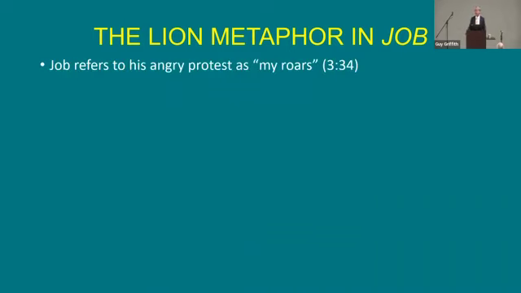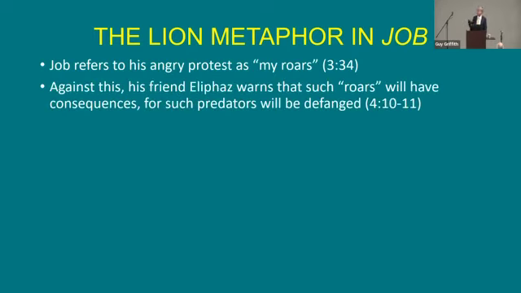Job refers to his angry protests. So you have Job patient for all of 2 chapters. Okay. By the 3rd chapter, Job is furious. He yells at God, he protests against creation, and he calls his protest my roars. Like he's angry as a lion. To this, Eliphaz, his friend, in the next speech responds, such roars are dangerous.